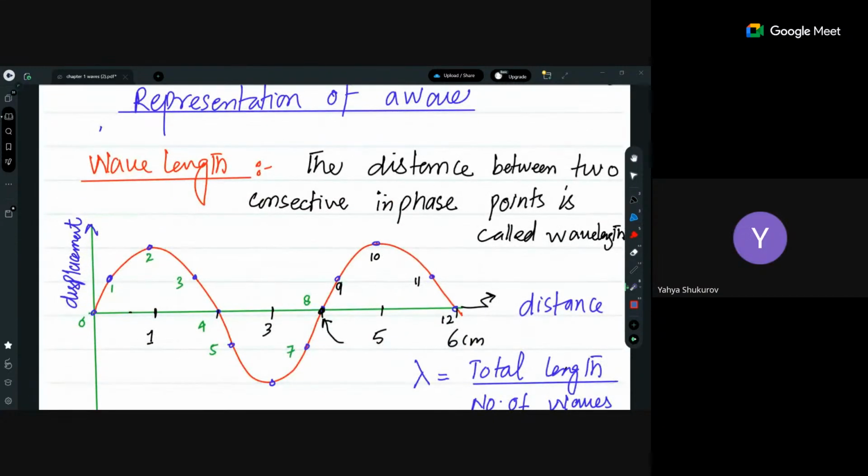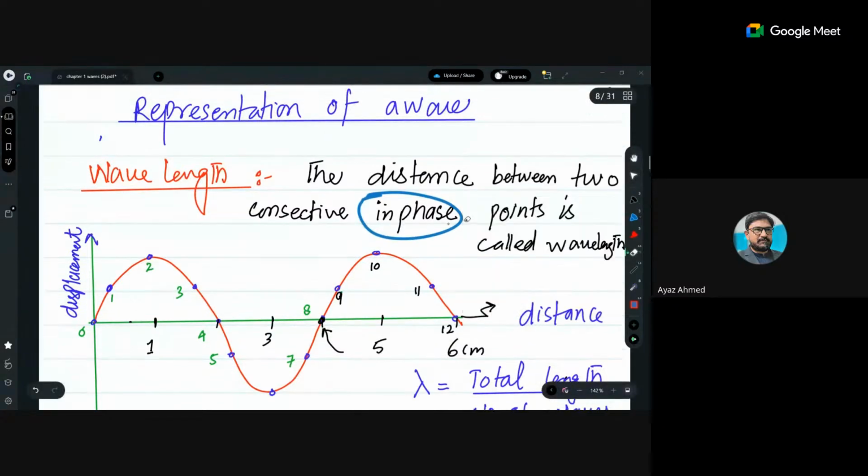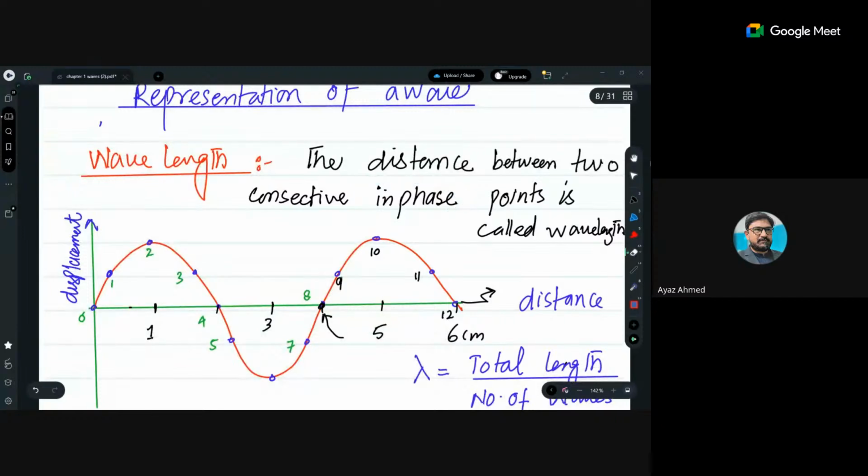So the representation in which the wave is having displacement versus distance gives you amplitude and wavelength, the distance between two consecutive in phase points. Now, do you see I have added this word, right? In phase points. So it means in phase points are those points in which their direction of motion as well as their position is the same.